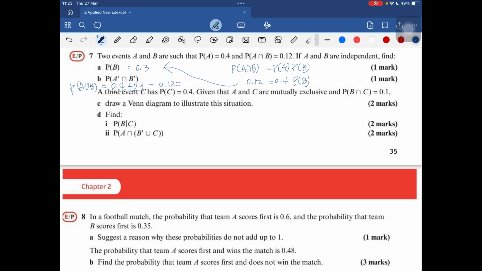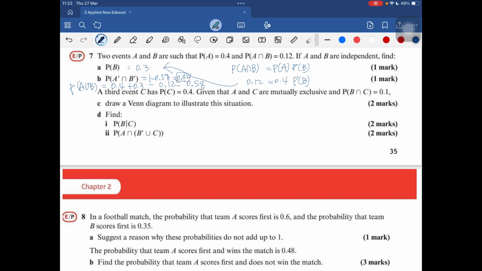So we need to subtract once. So 0.7, 0.58. So 1 minus 0.58 means 0.42.